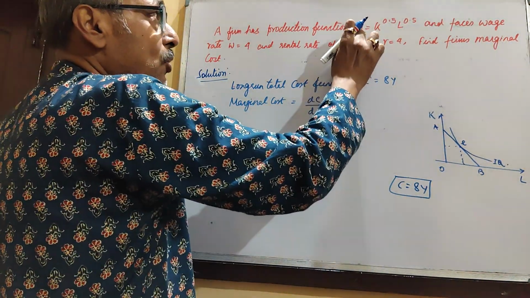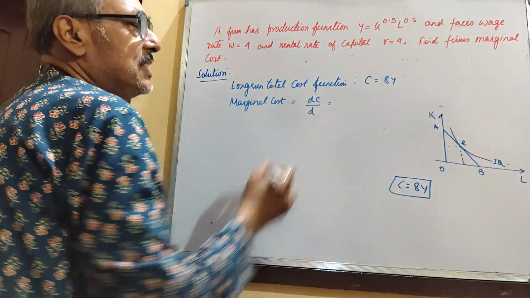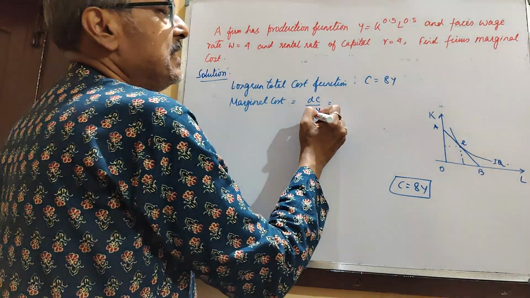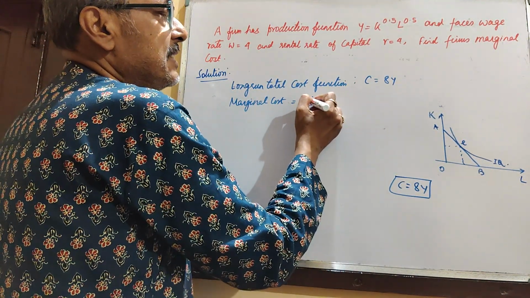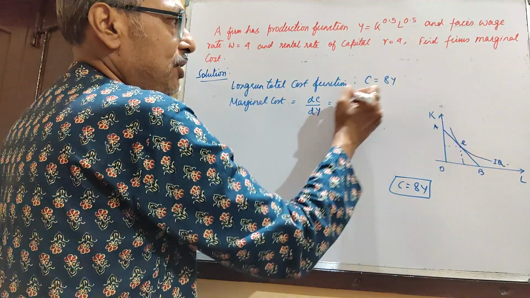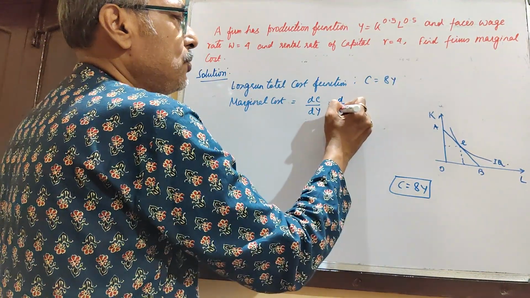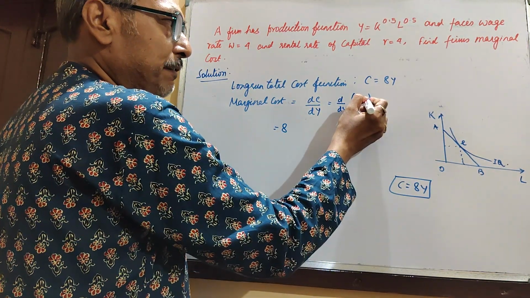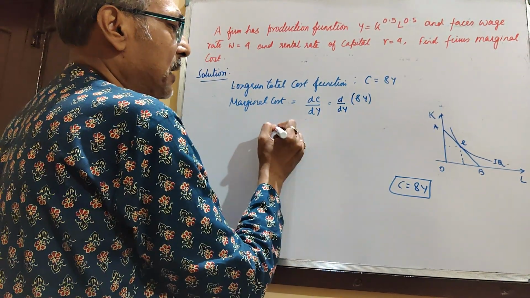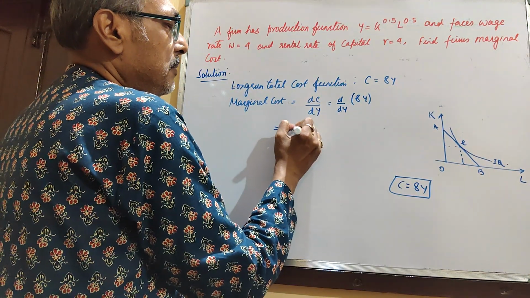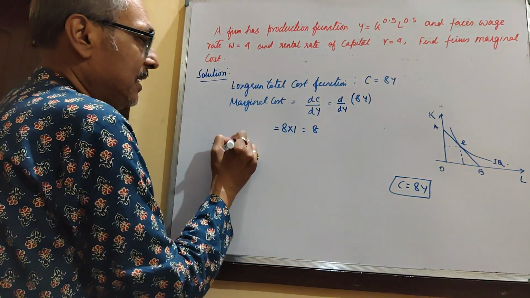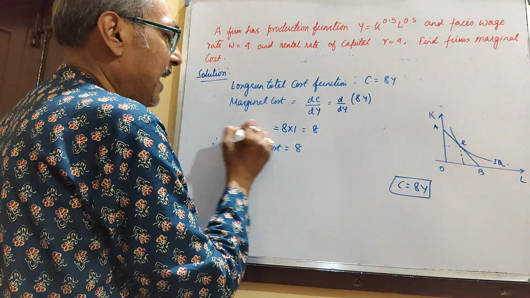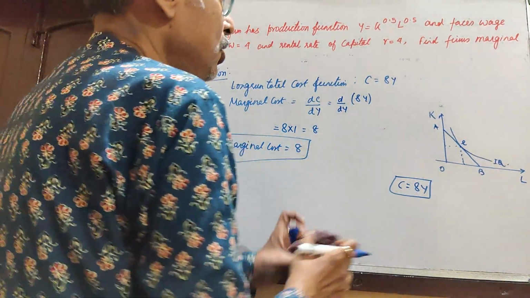Output is shown by y. Therefore, the marginal cost, that is the change in total cost due to 1 unit change in output, is dC by dy. Now we differentiate this equation, C equals 8y. 8 is constant, and if we differentiate y with respect to y, it becomes 1. This is 8. Therefore, marginal cost equals 8. This is the answer of the question.